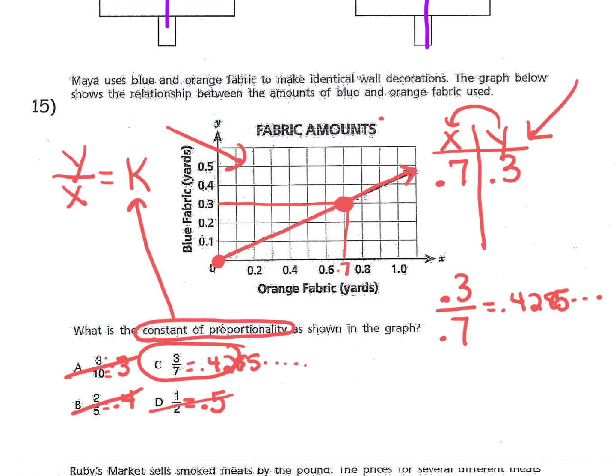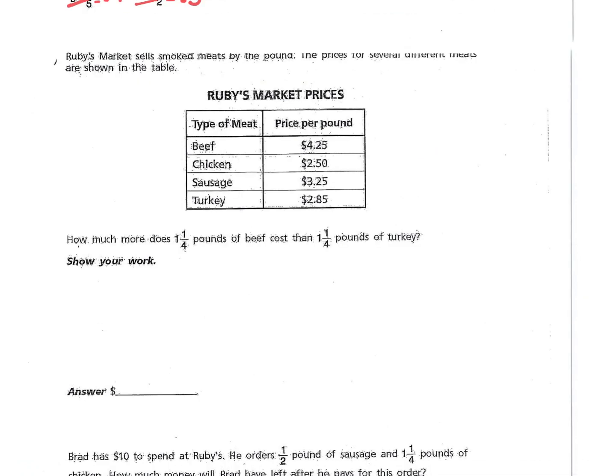Let's move to the next page. You've seen this problem probably before about Ruby's Market selling smoked meats. But we're going to be scaling up in order to find the information we need.